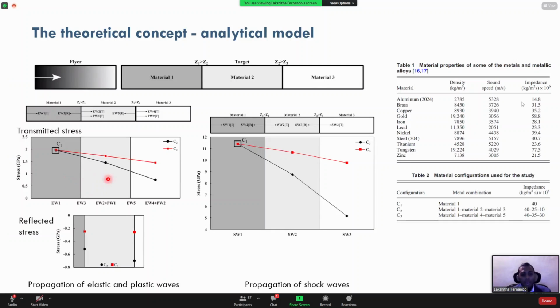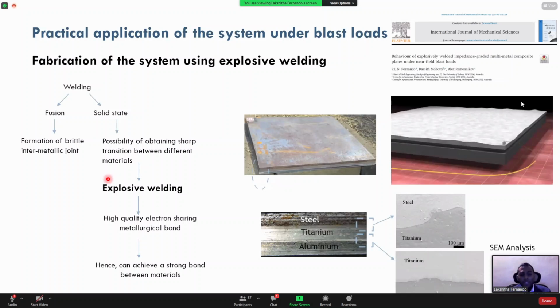So when you have more than one material in a system, you are susceptible to what's called delamination. To avoid that, we need to make sure that once again we strike the right balance between how much we want to transmit and how much we want to reflect. So this was the basic concept that I proposed in the PhD, and specifically in relation to blasts.